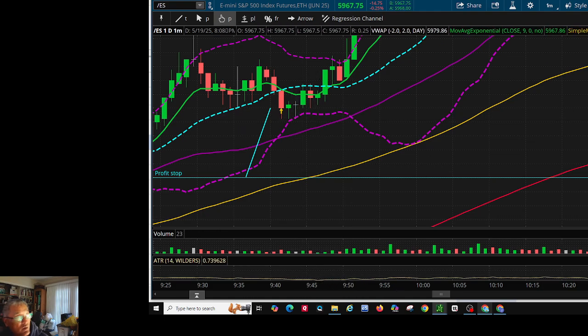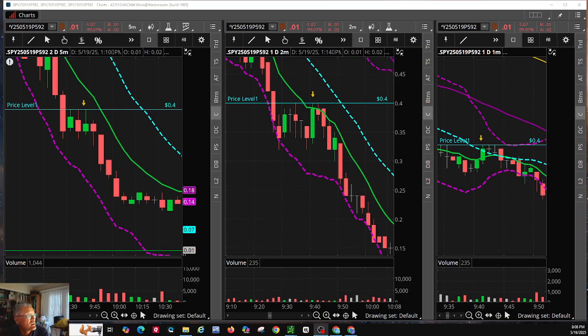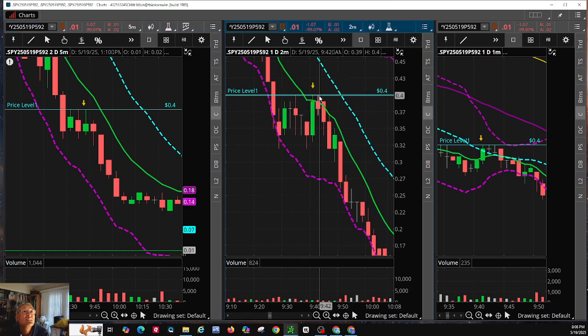What you're going to look for, and you have to do this quickly, is first look at the puts. As this double tops here and starts to go down, you enter 5 here, right through there, as it hits the green or very close to the green, and as this candle goes red, and even this candle goes red, that's when you really want to add into it.